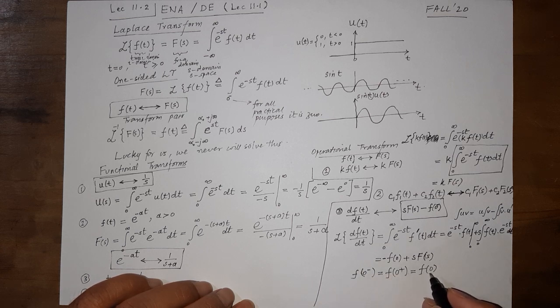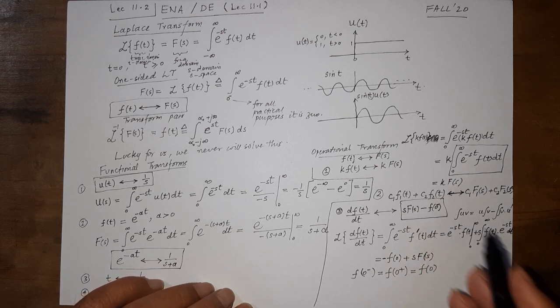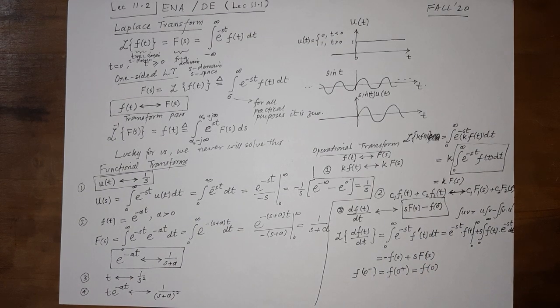But if that is not the case, suppose that instead of the current through an inductor we are dealing with the voltage across an inductor, these can be different. So then the notation becomes very important, that what we are really interested in is the value of the function at 0 minus, not 0 plus.